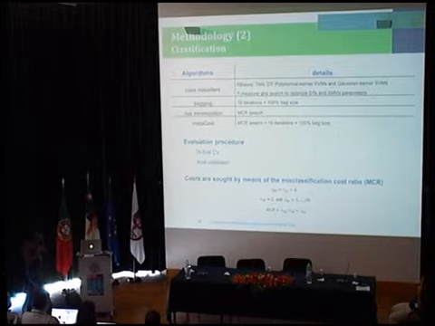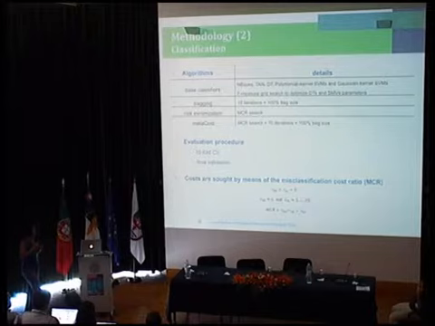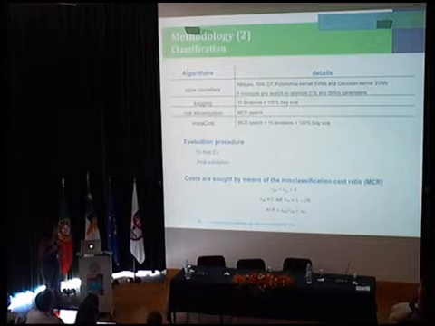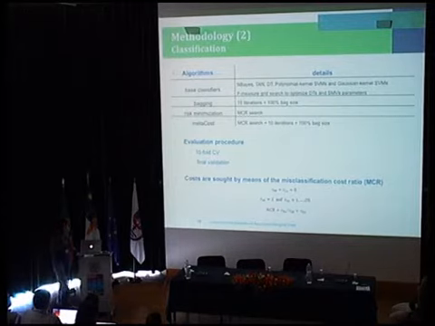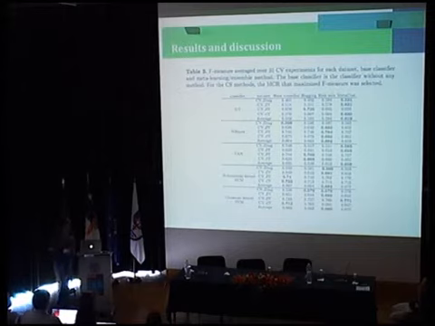Then what we did was compare the base classifiers, without costs, with bagging, risk minimization, and MetaCost. And in the algorithms we used the naive Bayes classifier, decision trees, and SVM with polynomial kernel and Gaussian kernel.